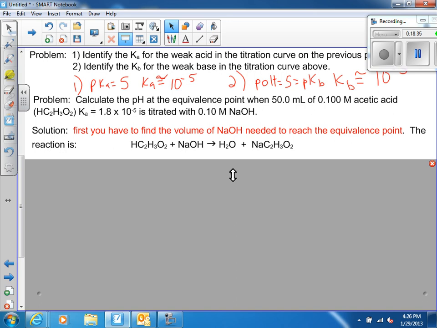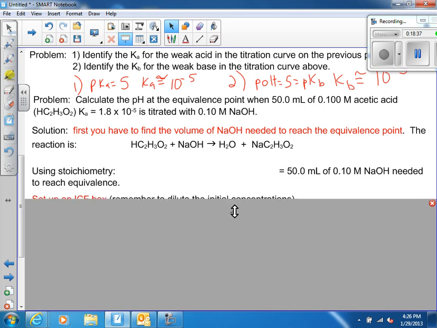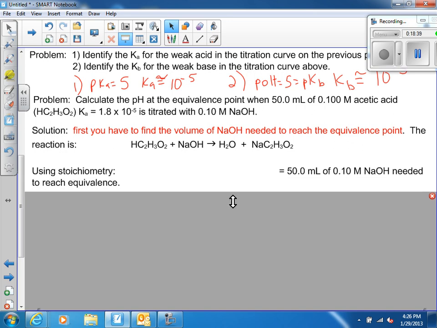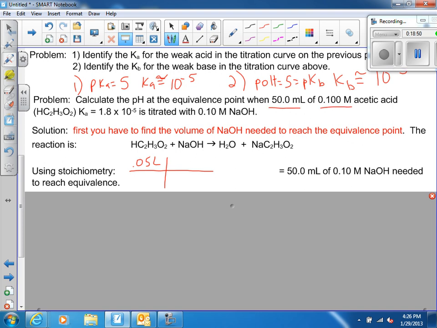We have our reaction. You just do stoichiometry. By stoichiometry, we know we have 0.05 liters and 0.1 moles per liter of the acid. I'm just going to call it HA. I don't want to write out the whole formula. It's a 1-to-1 ratio, so 1 HA to 1 OH minus.